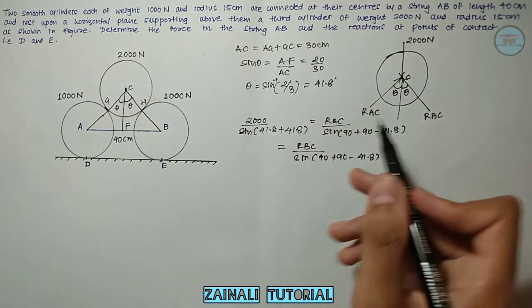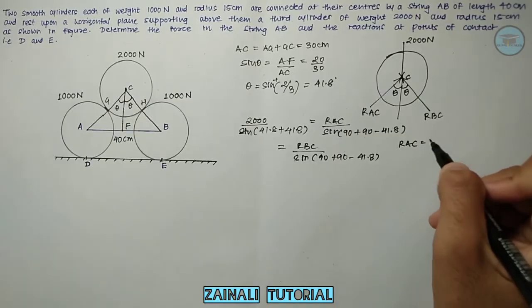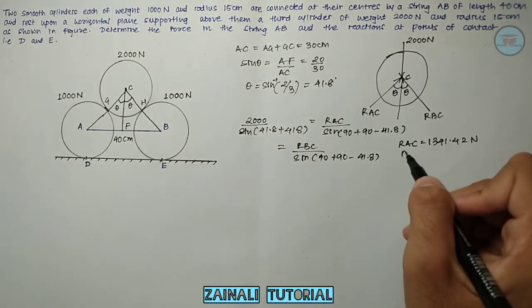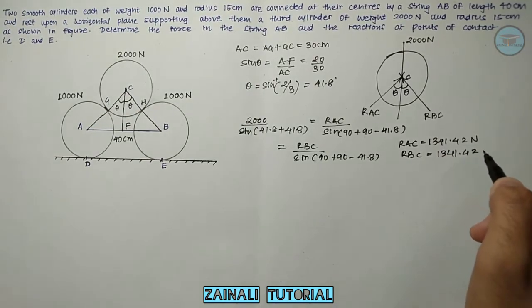From this we can determine RAC as 1341.42 Newton. Similarly RBC equals 1341.42 Newton only. So RAC equals RBC.